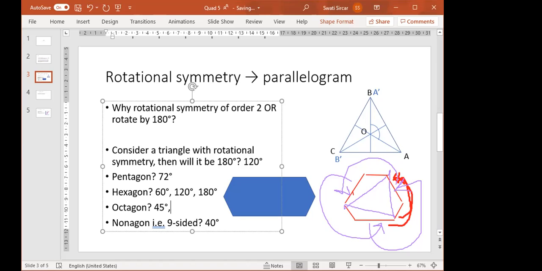For an octagon, what do you think are possibilities? 90. Okay. 130.